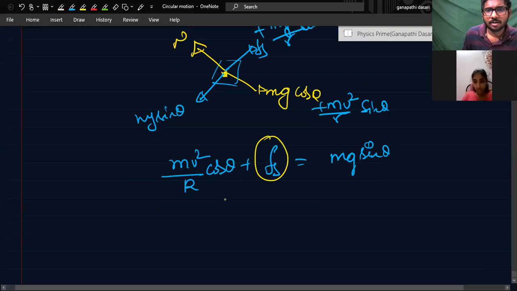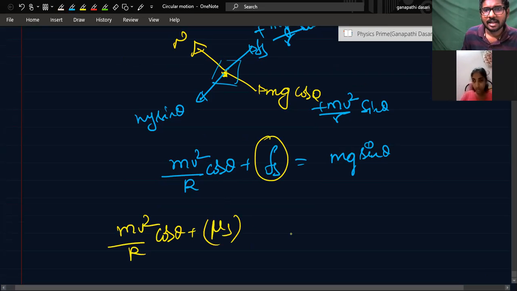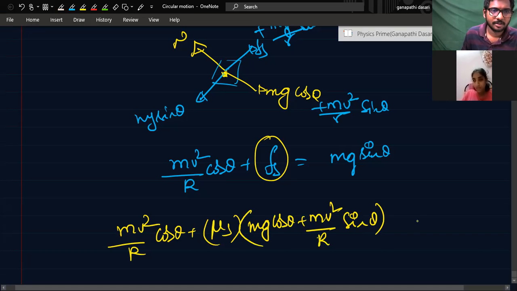Fs is mu s into N. N is how much? N is mg cos theta plus mv square by r sin theta, right? Perpendicular to the plane, it is equal to mg sin theta.